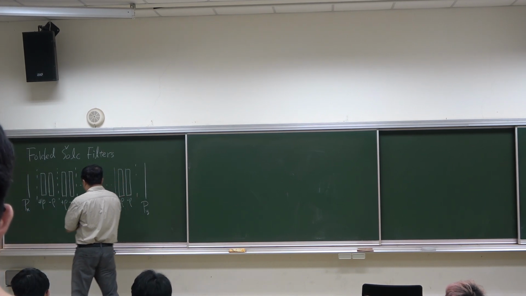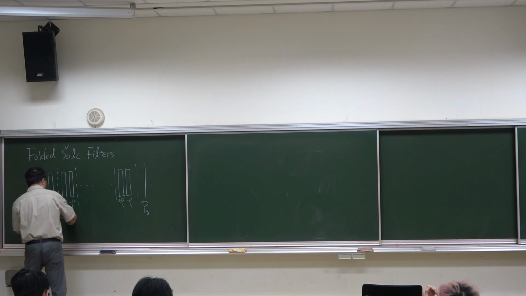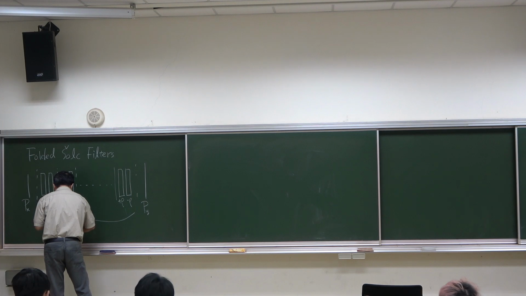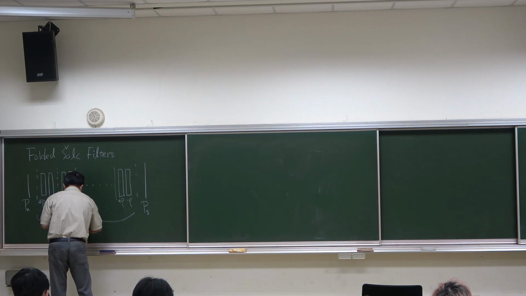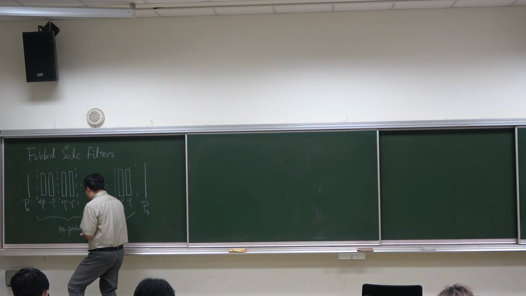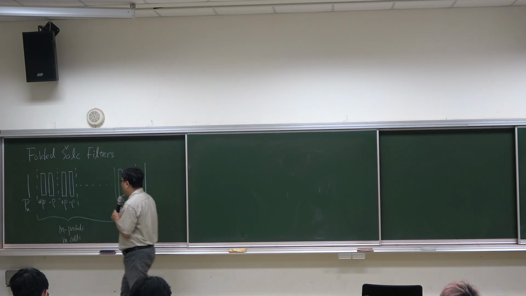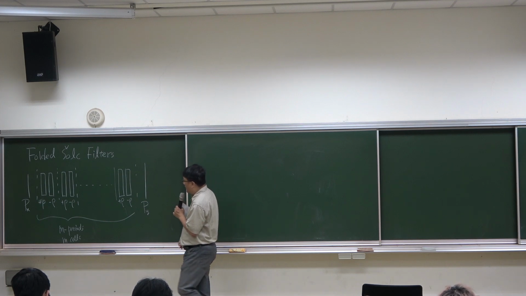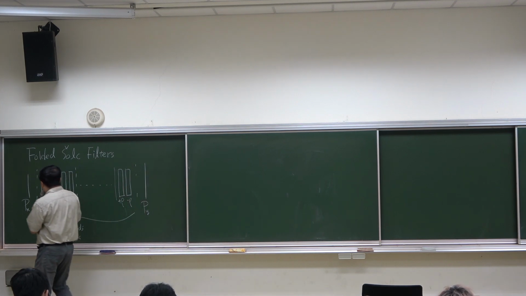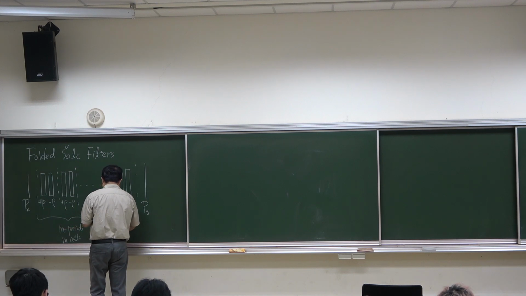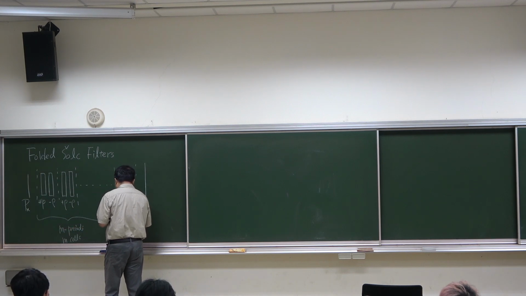So totally we have M periods or M cells. Since one period has two wave plates, totally we have N wave plates.